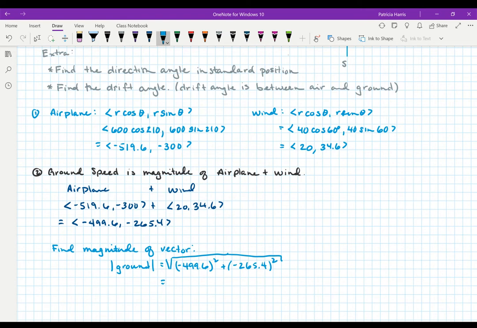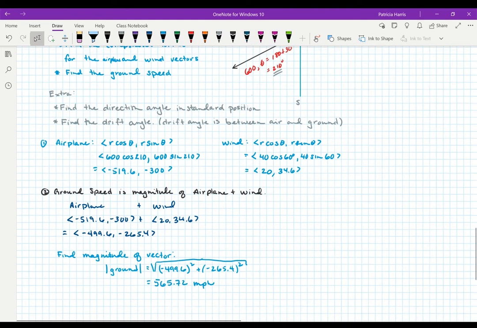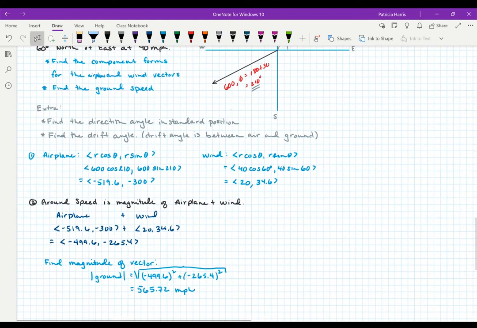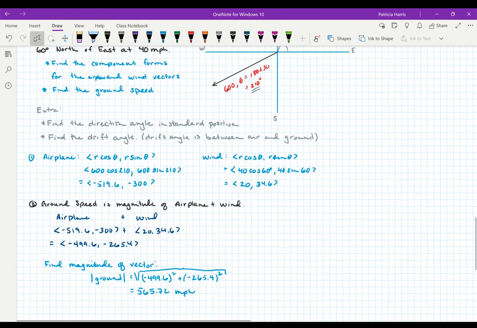I'm going to take the square root of that, and we get 565.72 miles per hour for our ground speed. So that is our ground speed of our airplane. That is what's happening relative to the ground.